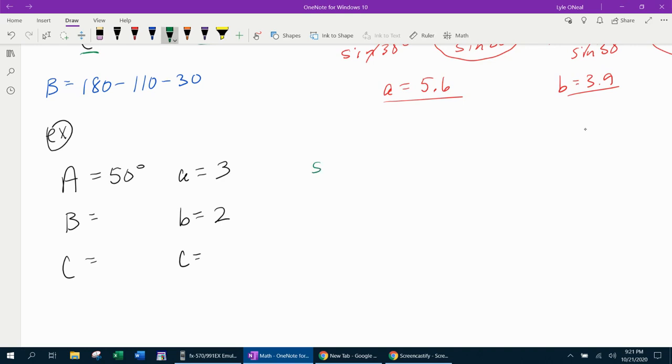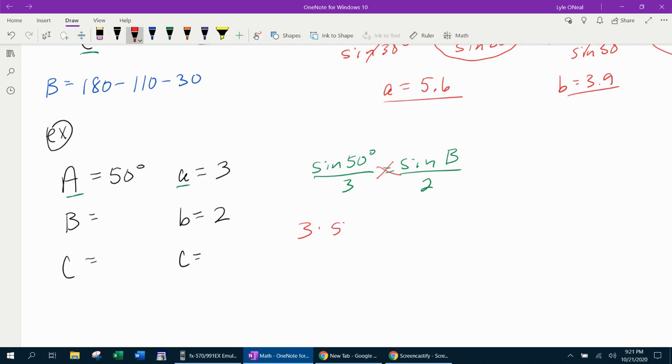Here we're going to use the law of sines. And remember I said that letters that match go in the same fraction. So our first fraction is going to be sine 50 over 3. The only other number I'm given is little b, which means I'm going to have to solve for big B. And now that I have my proportion set up, I can cross multiply.